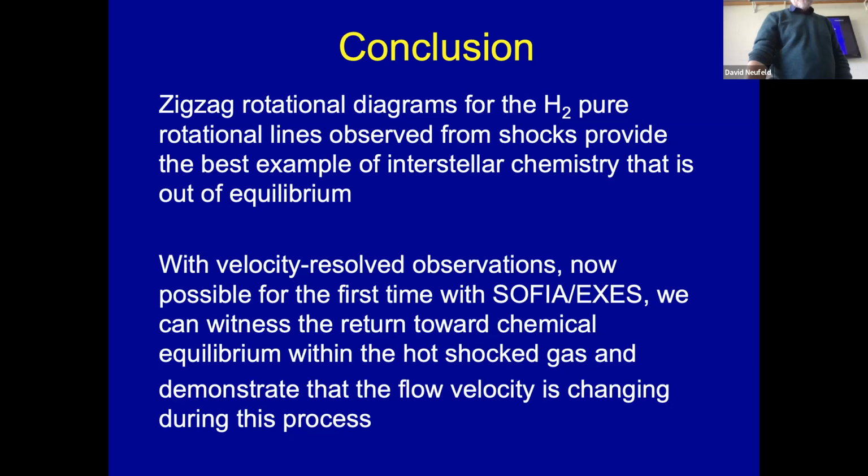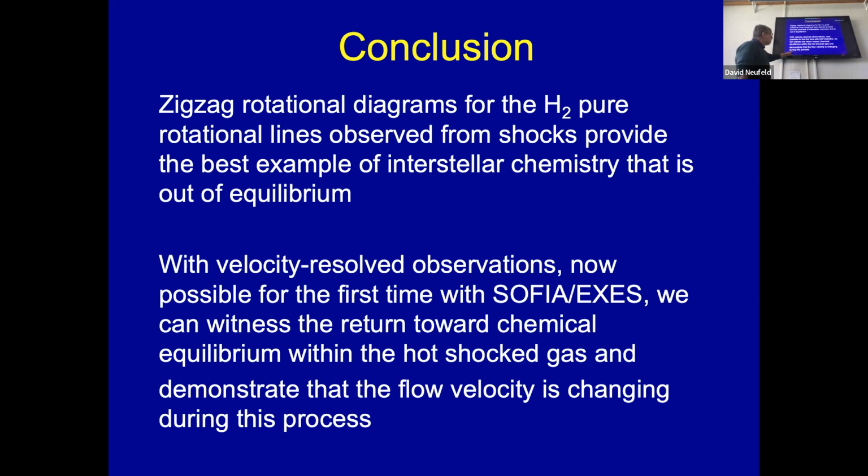So basically the conclusion is that this is another example of where careful molecular observations can show you something that is rather unique. This is a good example of non-equilibrium chemistry.